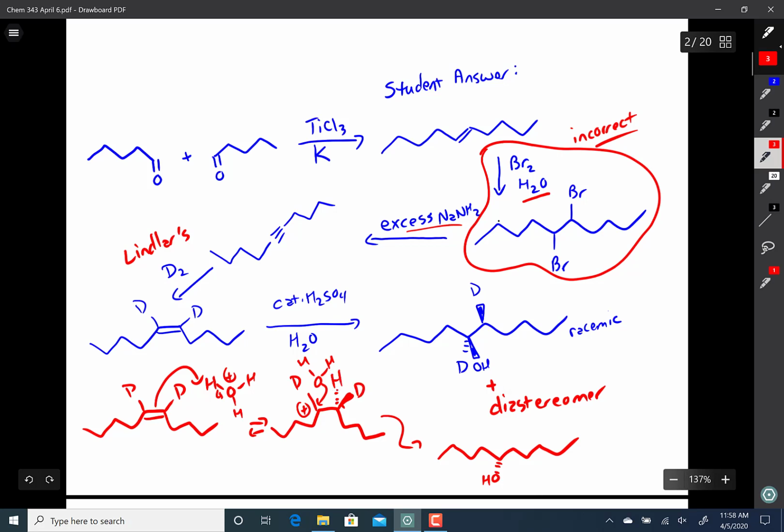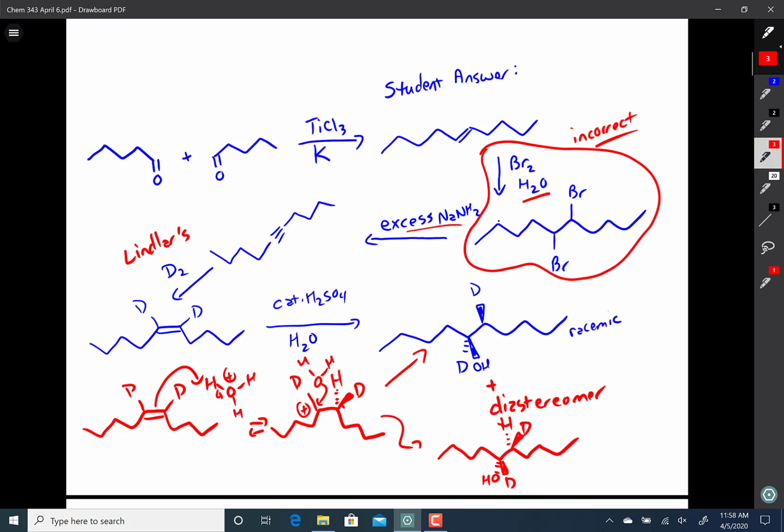If you protonate the alkene, the hydrogen from the back side, and the OH adds from the top side, you get this diastereomer. If the OH adds from the back side, you get this molecule here, which is the opposite diastereomer, the one you don't want.